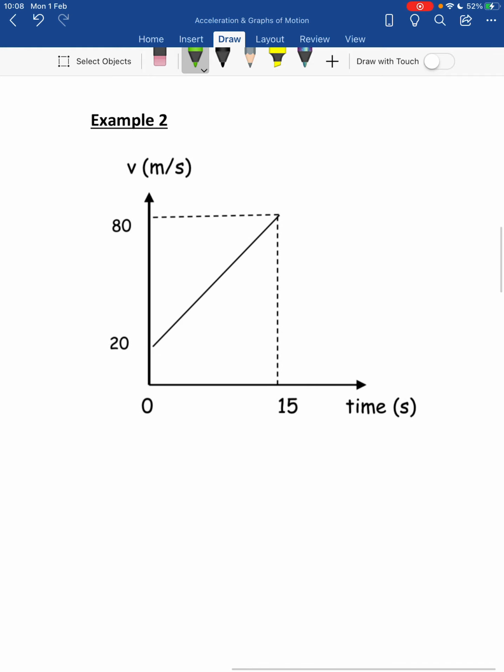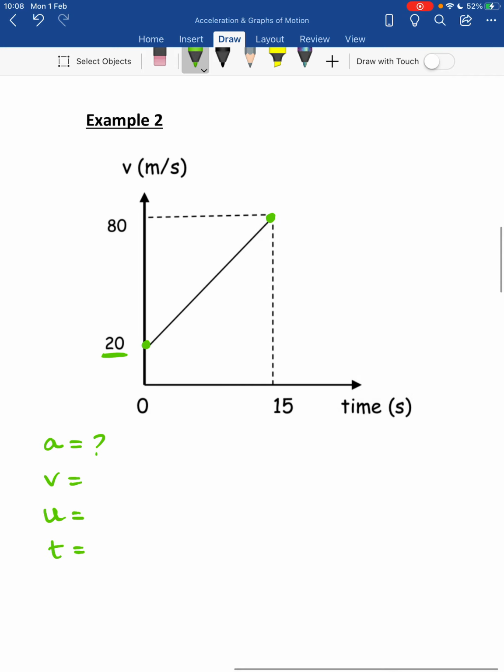Second example, same again. Put my list down the left. Acceleration I don't know. I want to mark in where the diagonal line starts, where the diagonal line finishes. So I can see the line begins across from 20 this time.